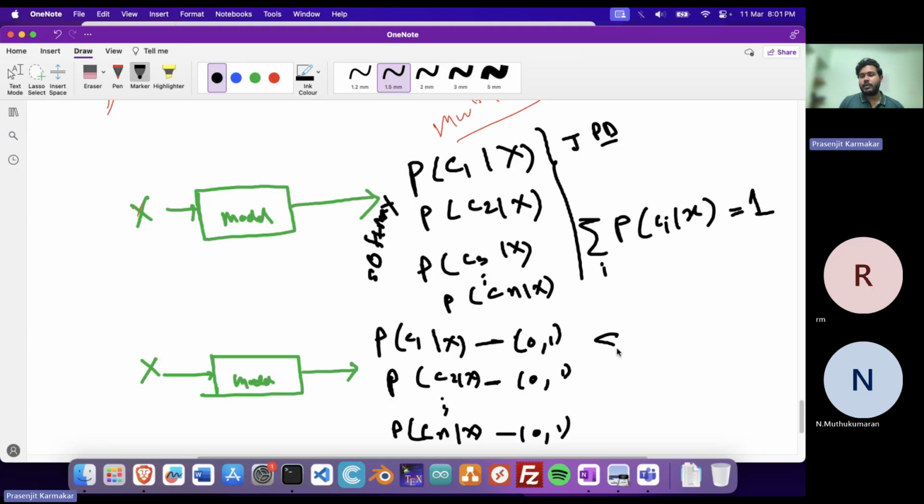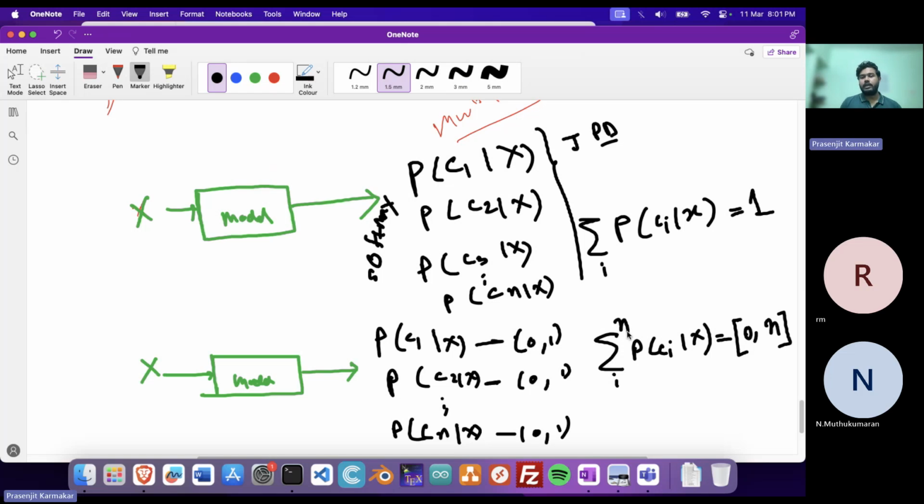And by summing them across i, probability of Ci given X, we can have a range of values from 0 to N, because there are N classes.